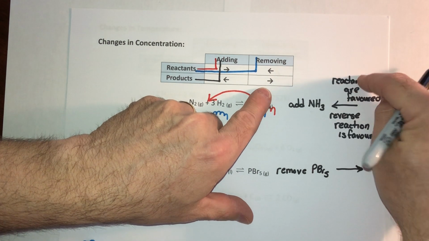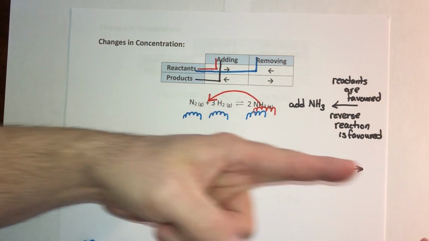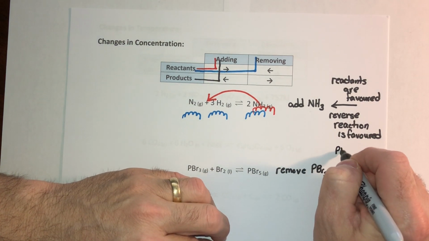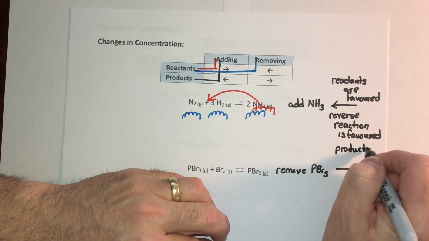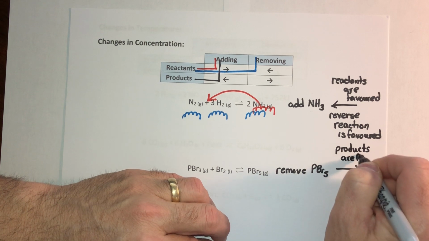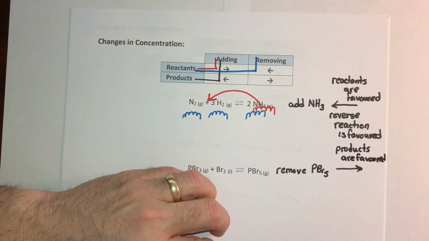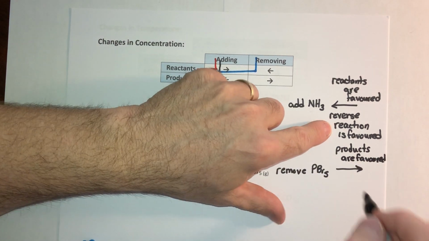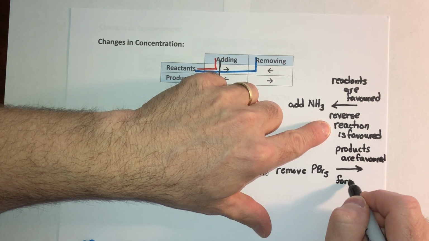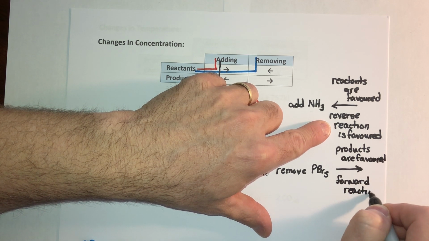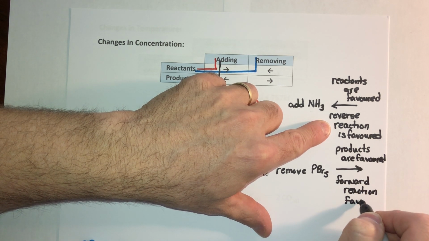If backwards said the reactants are favored, the forwards is making more product. So you're going to say that your products are favored. Or you're going to say that the forward reaction is favored.